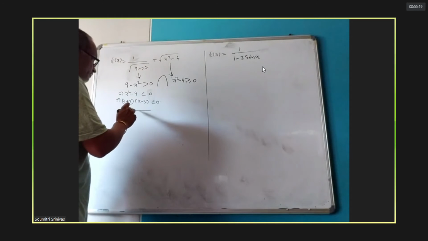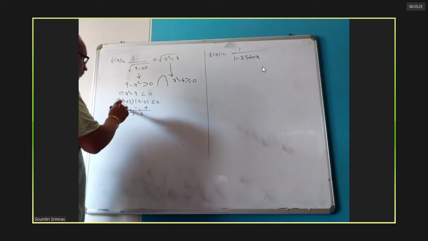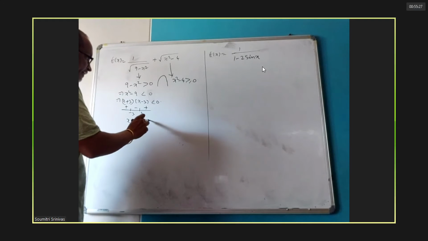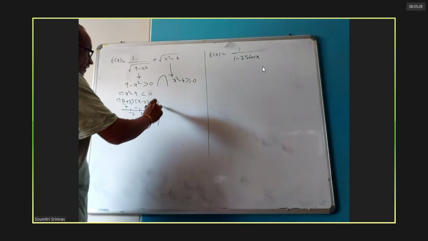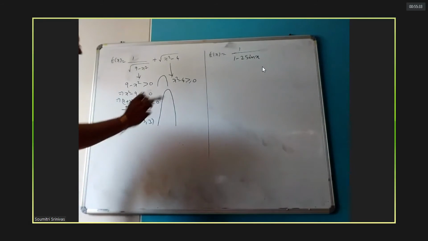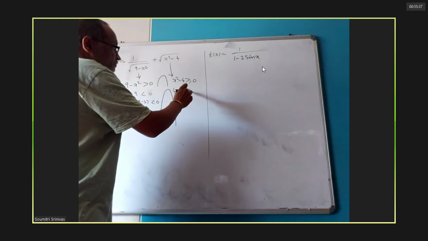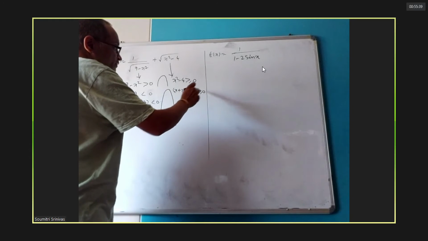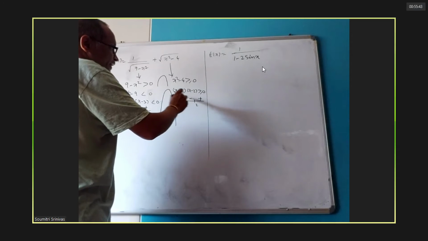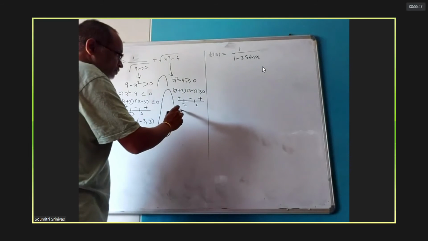Minus 3, plus 3: positive, negative, positive. Where will x belong to? Minus 3 comma 3. Intersection with x plus 2 into x minus 2 greater than or equal to 0. Minus 2 and plus 2: positive, negative, positive.